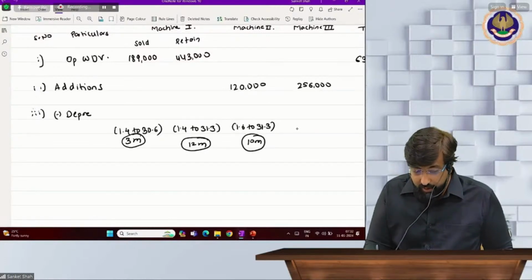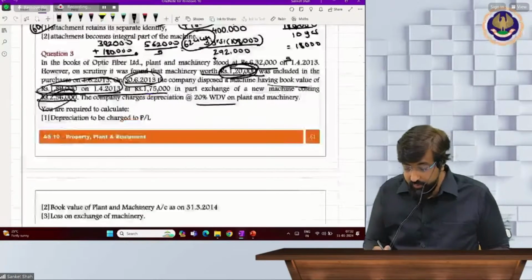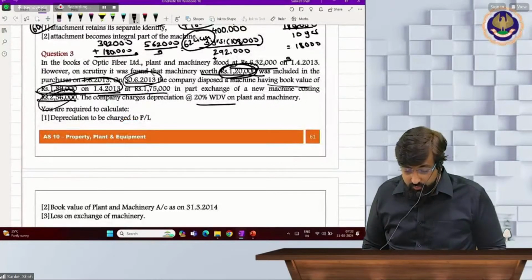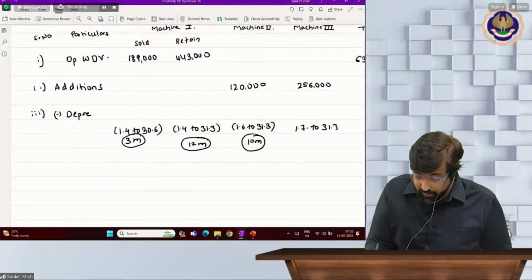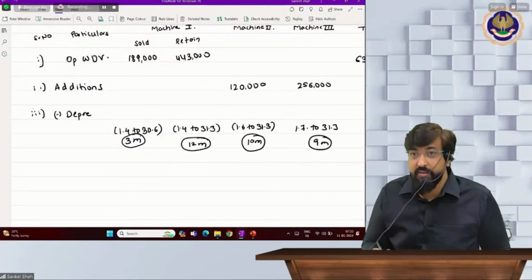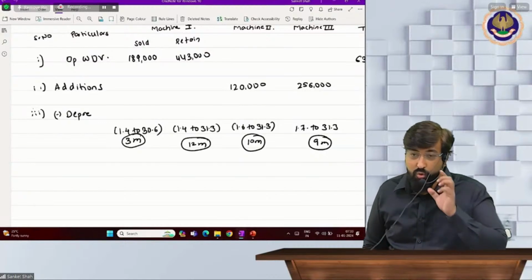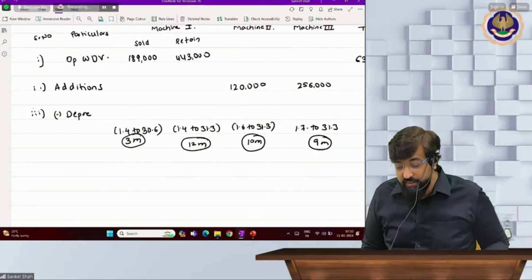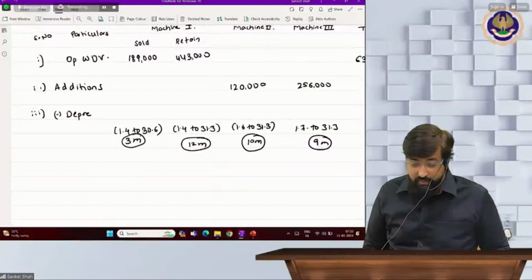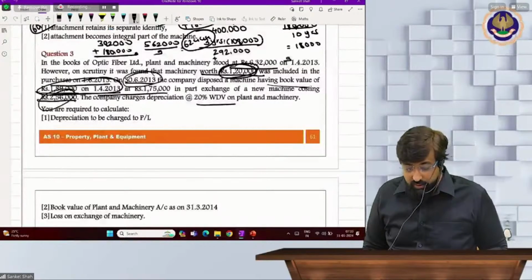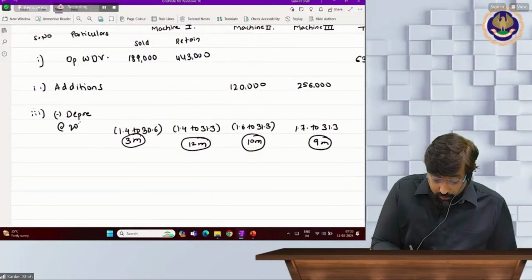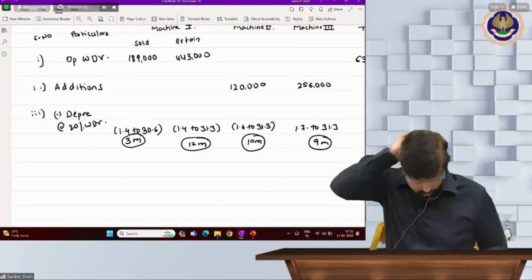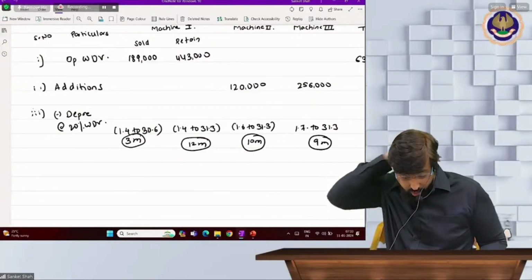And the new machine, from 1st July to 31st March, is 9 months. So your depreciation is 3 months, 12 months, 10 months and 9 months. And what is the rate of depreciation? Rate of depreciation is 20% on WDV. So on the written down value, you are getting depreciation of 20%.